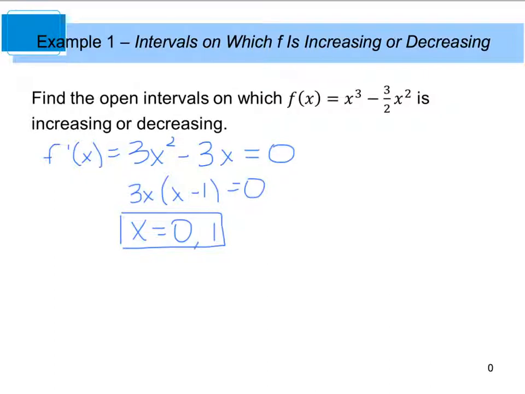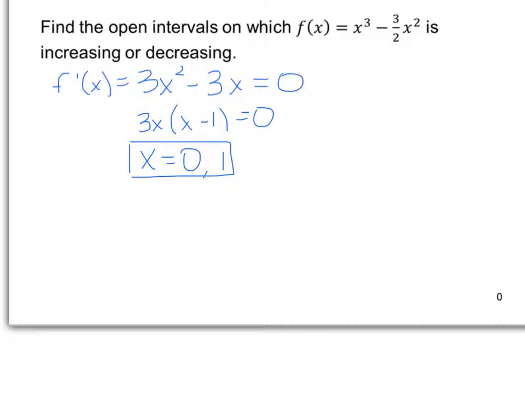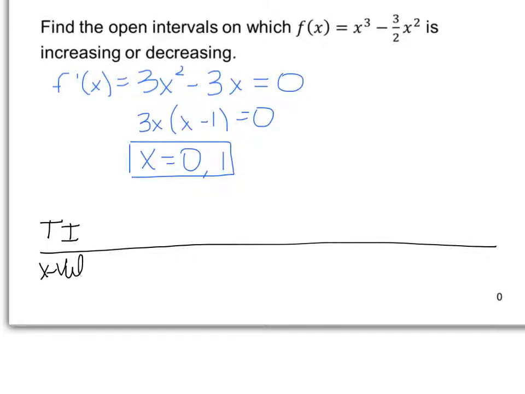And if you think back to pre-calc in Chapter 2, when we were trying to graph functions and come up with whether or not the function was increasing, we created a table. We're going to actually do the same thing in Calc. So when I set my table up, I'm going to set up a test interval. I'm going to look at an x value, which I'm going to pick, and it comes from within my test interval.